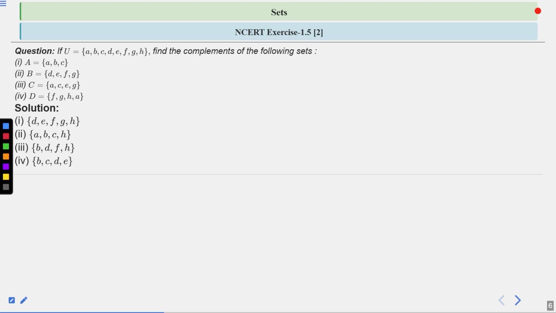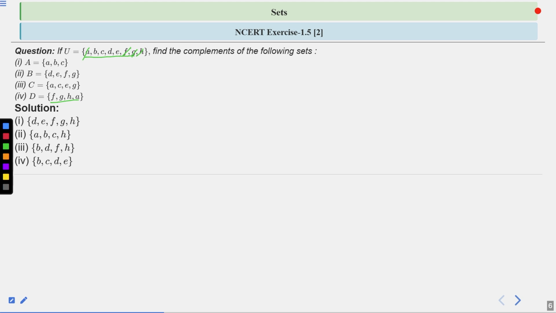Now for the fourth, eliminate the elements that belong to D from set U. So after eliminating F, G, H, A, you are left with these 4 elements B, C, D, E. So the collection of these 4 elements will be your D complement. Clear? I hope how we got our answer is clear to you.